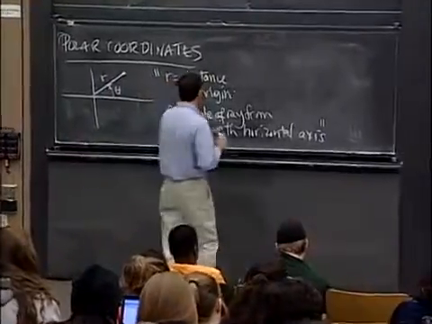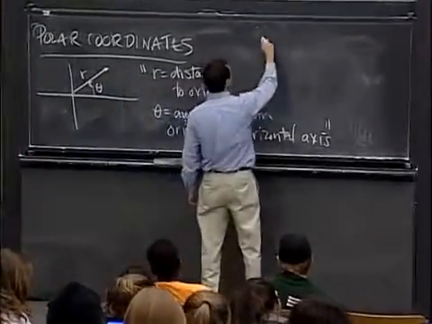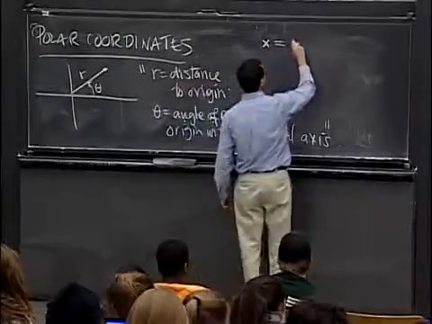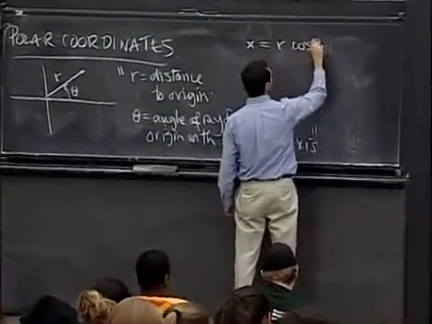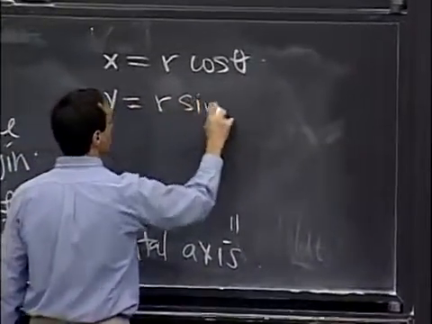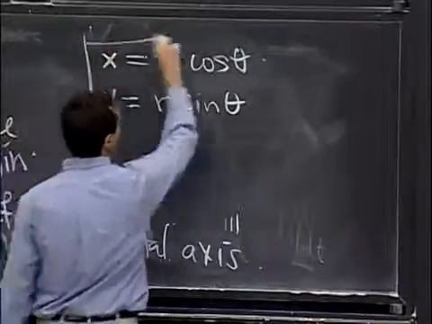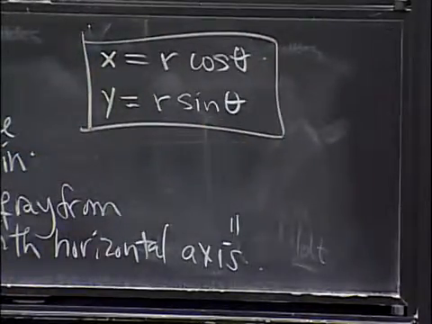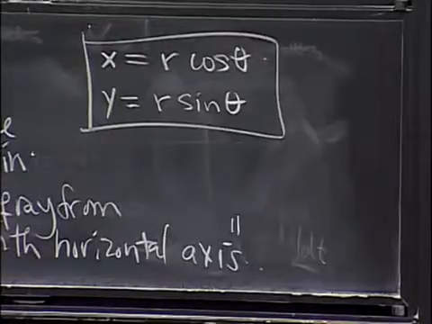All right? This is geometrically what you should always think of, but the technical details involve dealing directly with the formulas. The first formula is the formula for x, and this is the fundamental. These two are the fundamental ones. Namely, x is r cosine theta. The second formula is the formula for y, which is r sine theta. So these are the unambiguous definitions of polar coordinates. This is it.